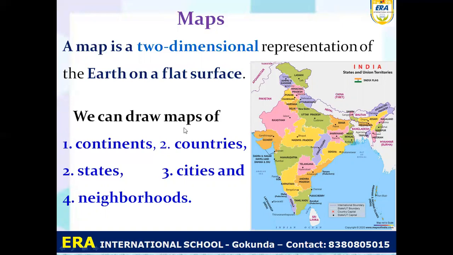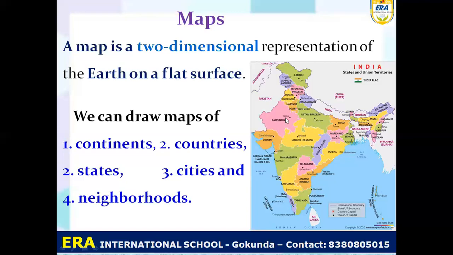So what can we draw maps of? We can draw maps of continents, that is the Africa continent, America continent, Asia continent, Arctic and Antarctic, as well as the Australia continent. Then countries, there are so many countries in the world, America, Japan, France, China, like that. After that states, India has so many states, Madhya Pradesh, Rajasthan, Maharashtra, Chhattisgarh, like that.